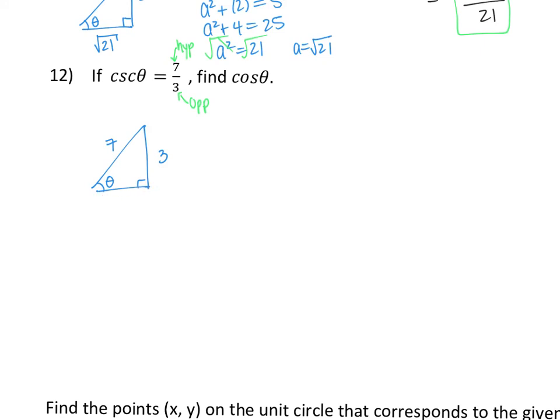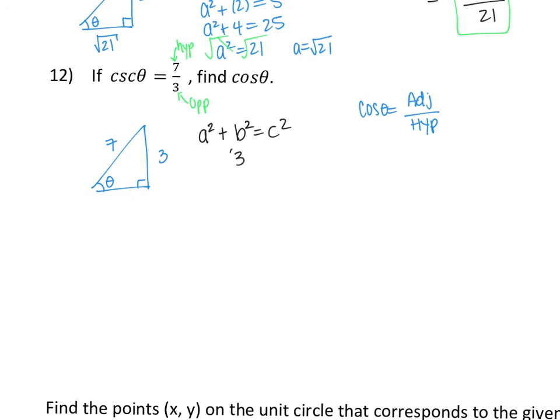I need to also find my adjacent side. Before I do, I need to figure out what cosine is. Cosine is the adjacent over the hypotenuse, so I do need the adjacent side. Using the Pythagorean theorem, a squared plus b squared equals c squared, I'm going to plug in what I have.